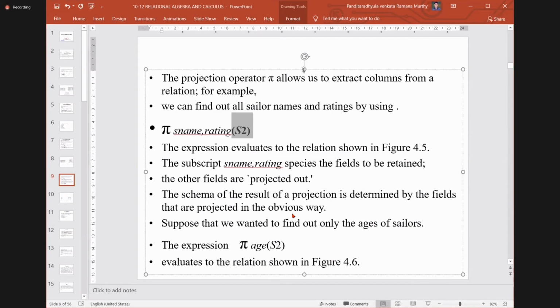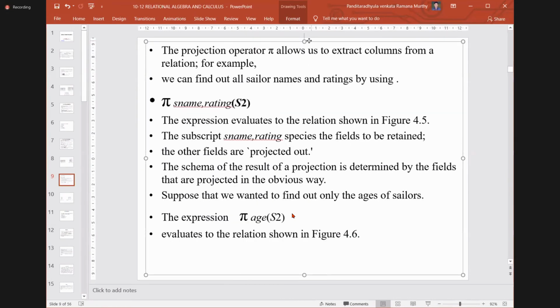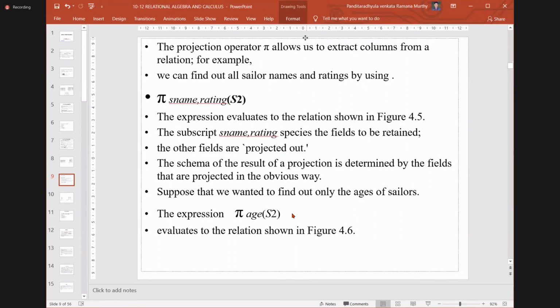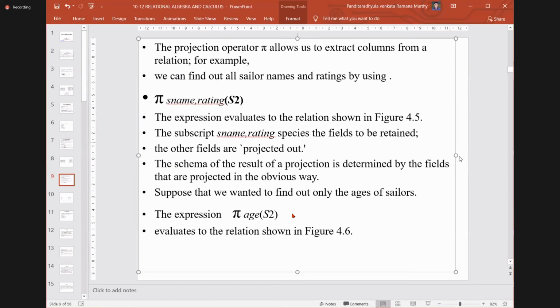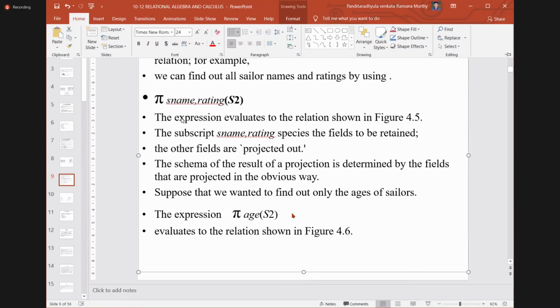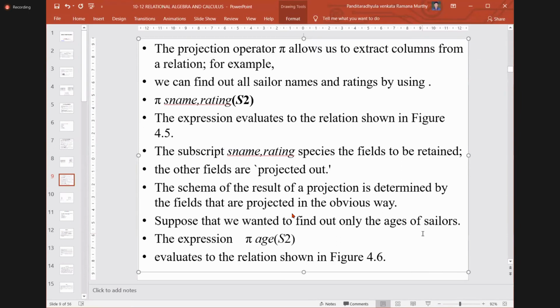What is the purpose of the project operator? Unlike the select operator, which retrieves rows, the project operator retrieves columns.